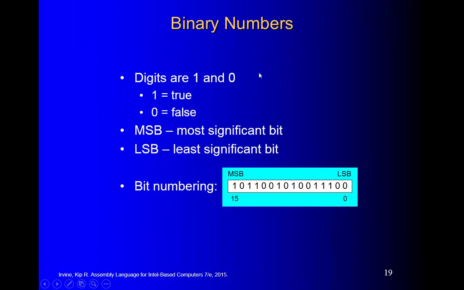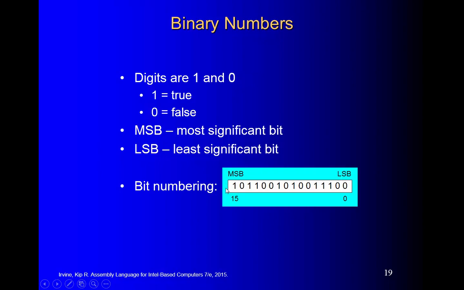Binary numbers, 1 or 0, each of these is called a bit. 1 means true, 0 means false. And this is a binary number. This binary number has 16 digits. The rightmost digit is called the least significant bit, or LSB.